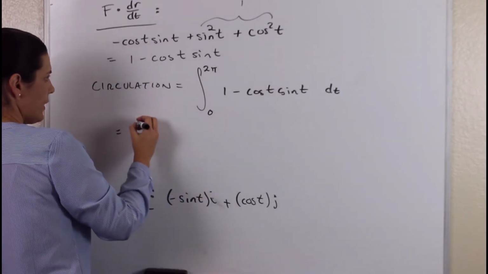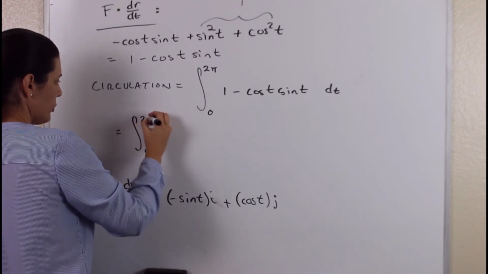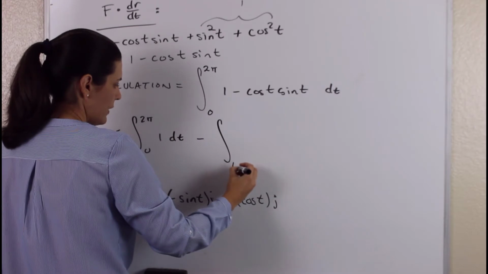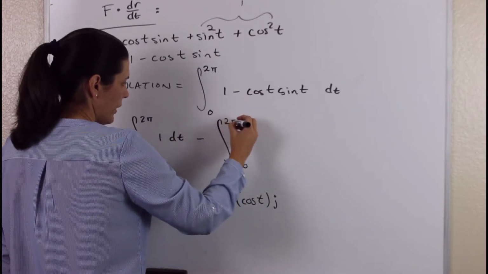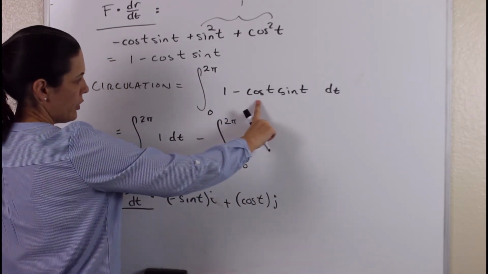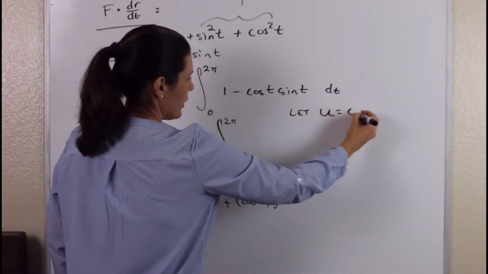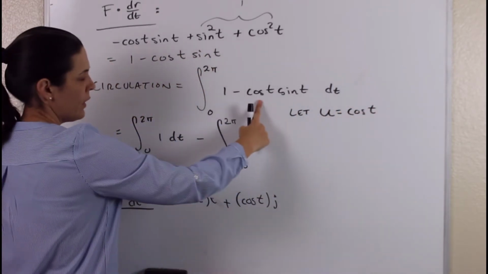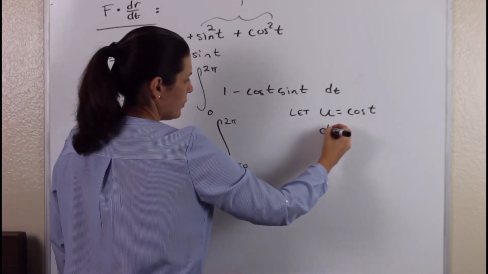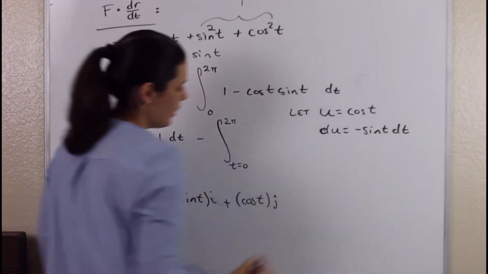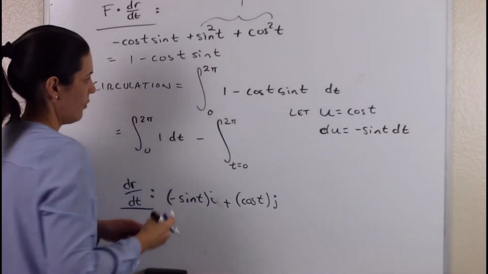I'll say that this is the integral from 0 to 2 pi of just 1 dt minus, over here, t equals 0 to 2 pi. And then I'm going to use u substitution here. So I'm going to let u equal cosine t. And that means that du would be negative sine t dt, which is nice because everything's already there for my substitution.